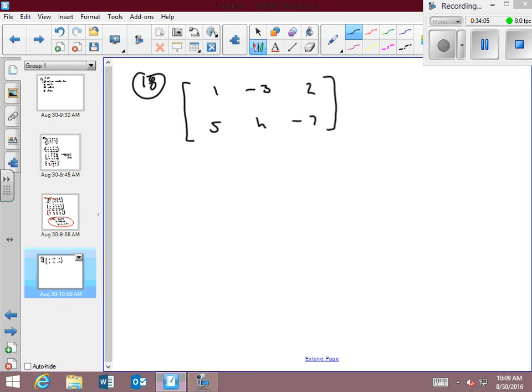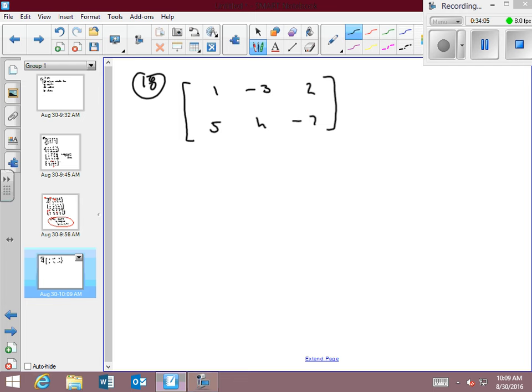Well, now, this particular thing right here could not be what, for it to be consistent? What would it be if it were inconsistent? 0, right? So what it can't be is what we were just talking about. The H plus 15 cannot equal 0.